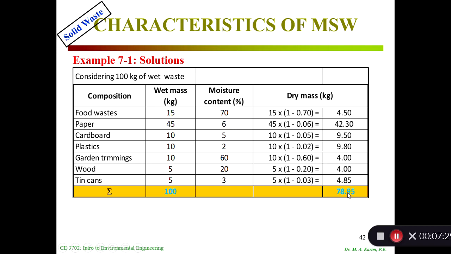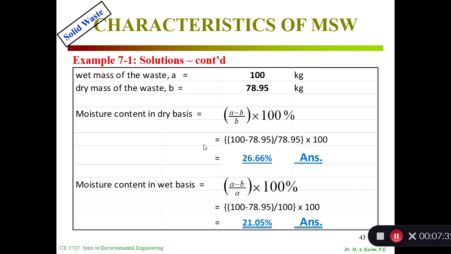So this is the dry weight and this is the weight. We can consider this as B. In this case, the weight mass of the waste A equals 100 kg and B equals 78.95 kg. Now the moisture content on a dry basis would be equal to 26.66%.